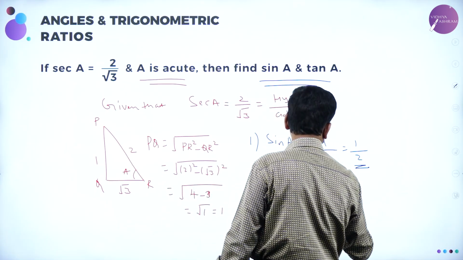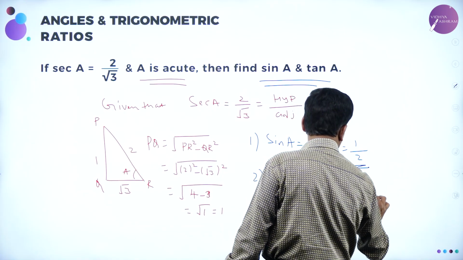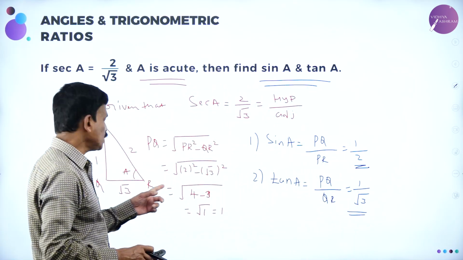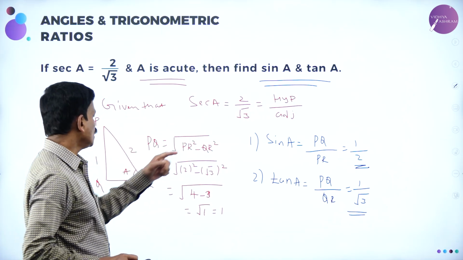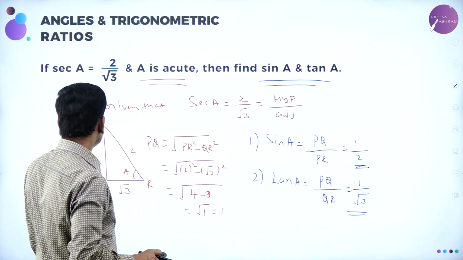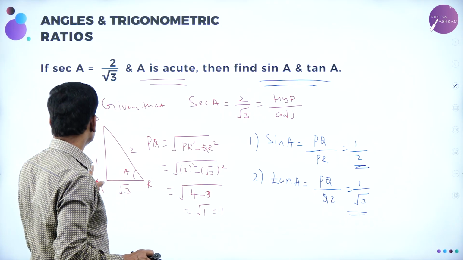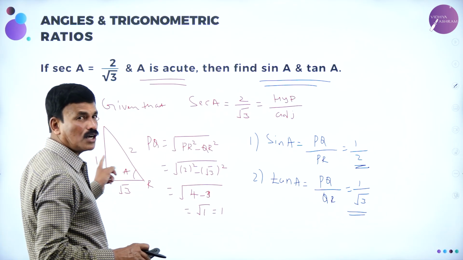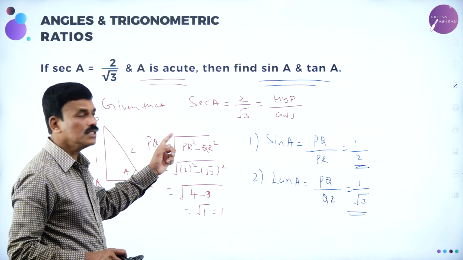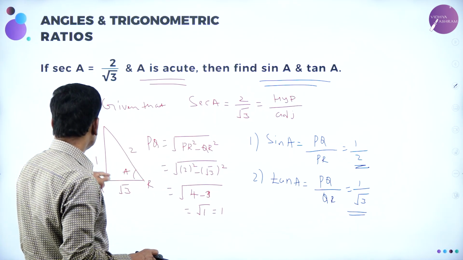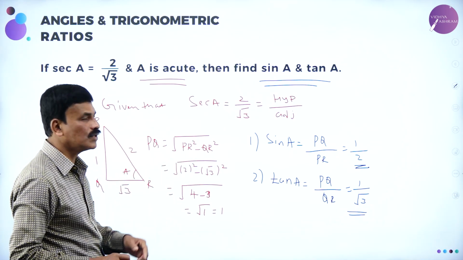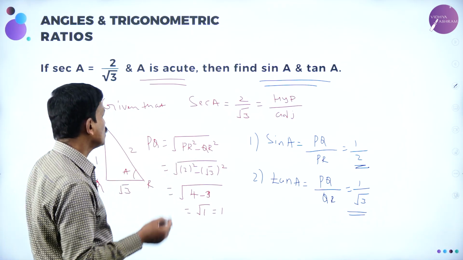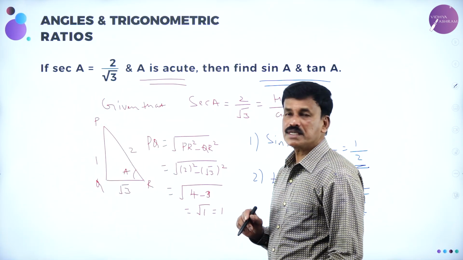Adjacent is equal to QR. That is 1 divided by root 3. What is opposite? 1, adjacent is root 3. That's it. Tan A is equal to 1 by root 3. 1 by 2 and 1 by root 3 are the required answers. That's it. Now move on to the next problem.